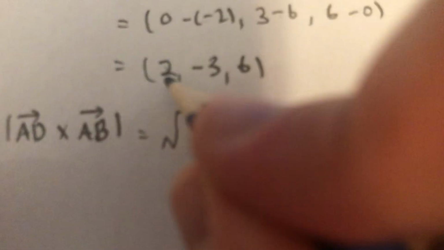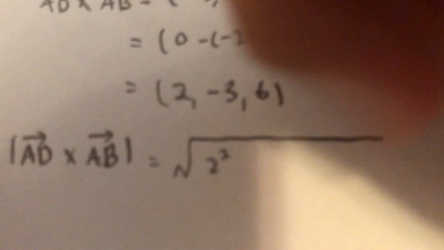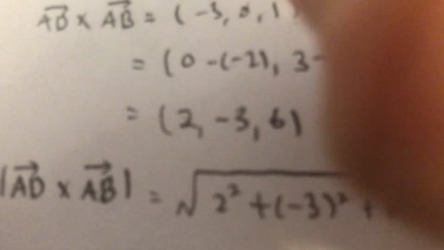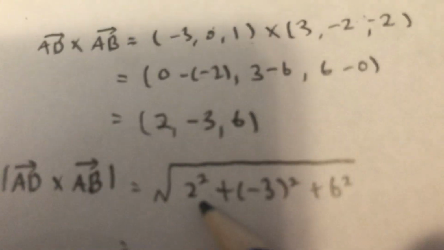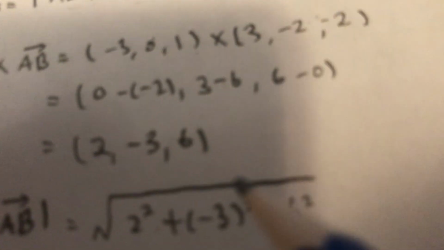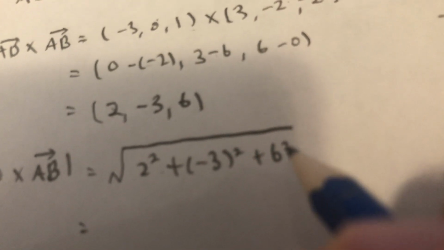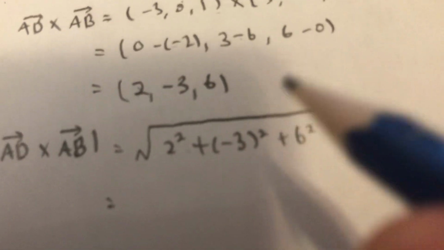We take the x value and square it, plus y squared, and also plus z squared. So this would be 4 plus -3 squared, which is 9, 4 plus 9 is 13, and then 13 plus 6 squared, which is 36. So 36 plus 13 should be 49.